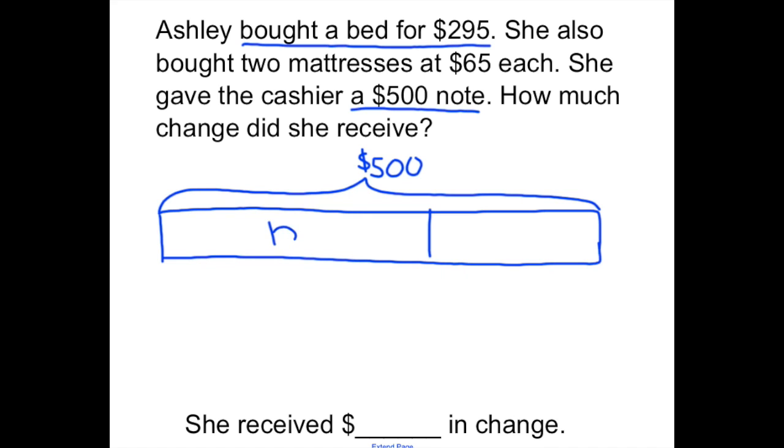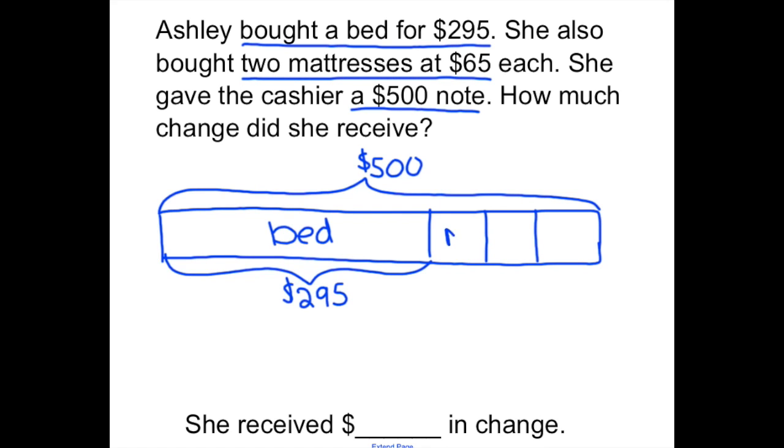So this is the bed. And that is $295. And we know that she bought 2 mattresses at $65. So I'm going to have two equal amounts that represent my mattresses, and each one is going to be $65.